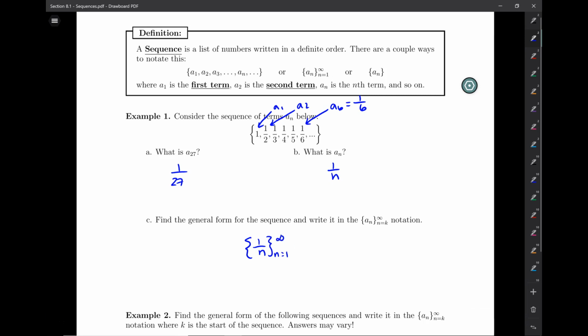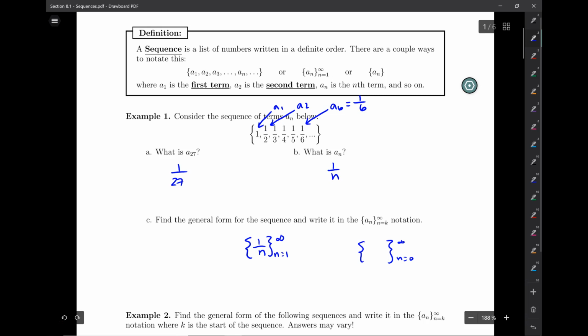Oftentimes, there's going to be more than one way you could write it in this condensed form, because if you take the beginning into account, you could end up changing your rule slightly. So for example, if you wanted to begin your sequence at 0 instead, then you can change your rule slightly just to make sure that your very first term is still 1.